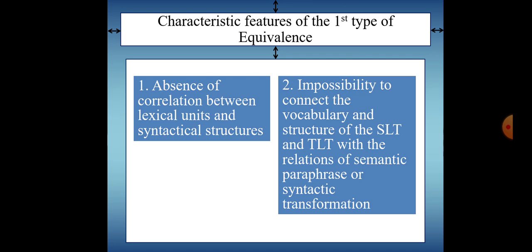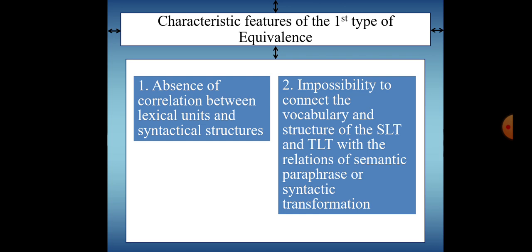The following features are characteristic to the relations between source language text and target language text in the first type of equivalence. First, absence of correlation between lexical units and syntactical structure. Second, impossibility to connect the vocabulary and structure of source language text and target language text with the relations of semantic paraphrase or syntactic transformation.